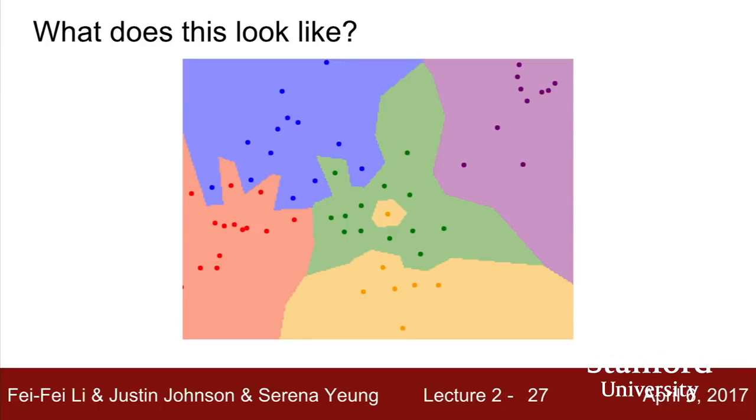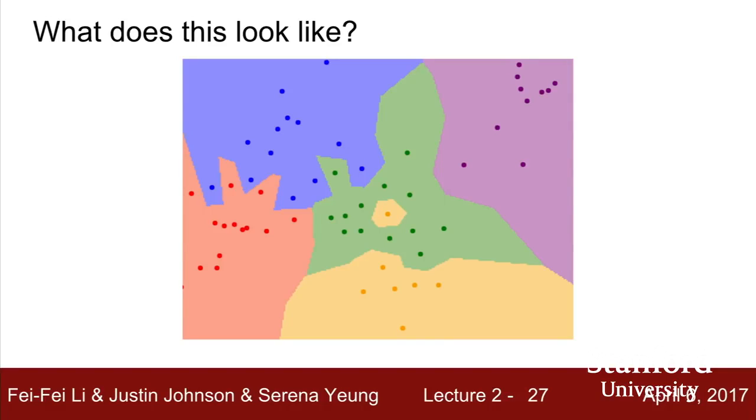So then the question is, what exactly does this nearest neighbor algorithm look like when you apply it in practice? So here we've drawn what we call the decision regions of a nearest neighbor classifier. Here our training set consists of these points in the two-dimensional plane, where the color of the point represents the category or the class label of that point.